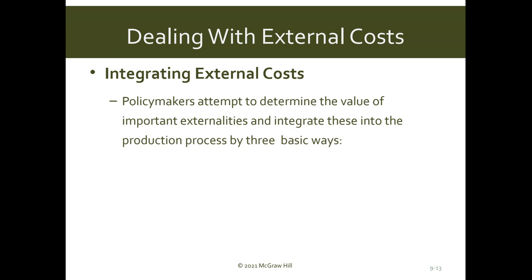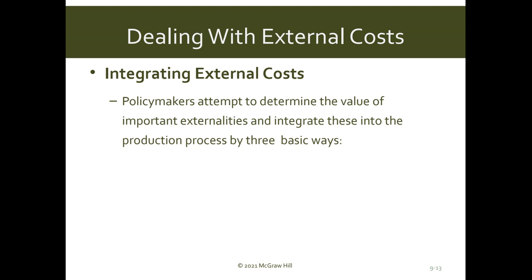Now, integrating external cost, or internalizing external cost, how are we going to integrate external costs? That is, producers can actually consider this cost when they decide how many units to produce. So policymakers, that is governments, attempt to determine the value of important externalities and integrate these into the production process in three basic ways.